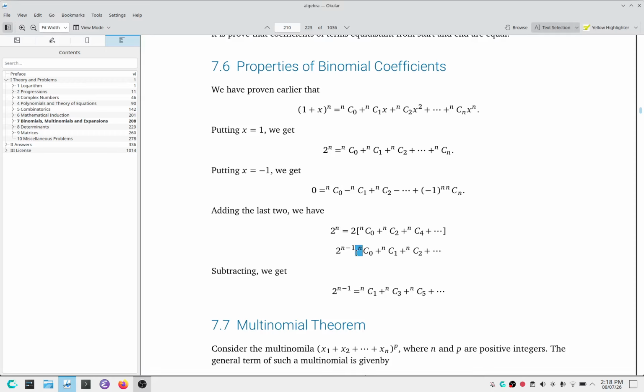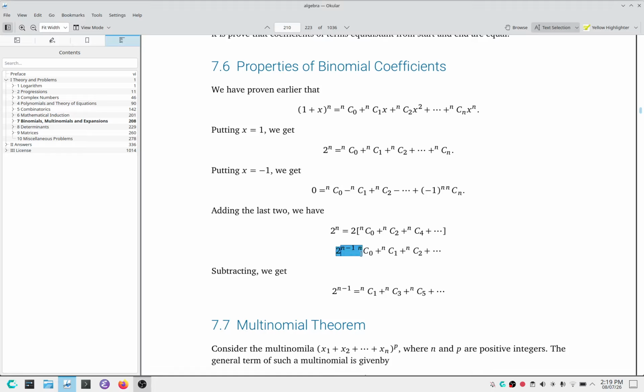There is an equal sign missing here. 2 cancels 2 here, so it becomes 2 raised to the power n minus 1. Something is wrong here. Let me see, on adding we have got this.